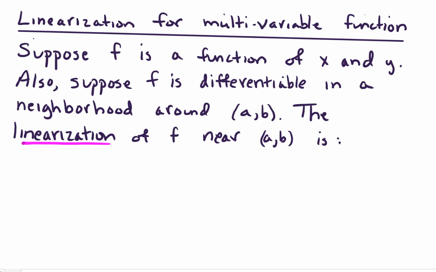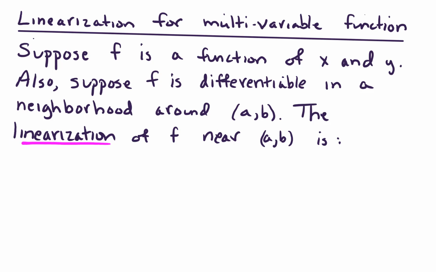Okay, so now let's turn our attention to the linearization for multivariable functions. Suppose f is a function of x and y. Also suppose that f is differentiable in a neighborhood around (a, b). So (a, b) is some point in the xy plane. f is a lumpy bumpy function that sits above or maybe below the xy plane, and it's differentiable, so it's nice and smooth. Got a nice smooth surface. Okay, so the linearization of f near the point (a, b) is given by the following.